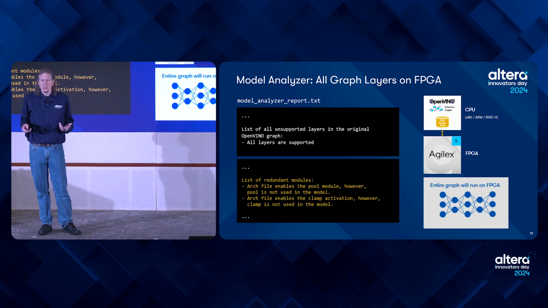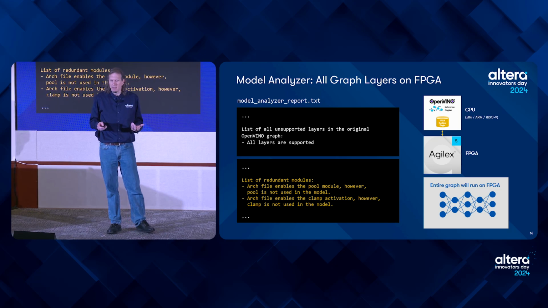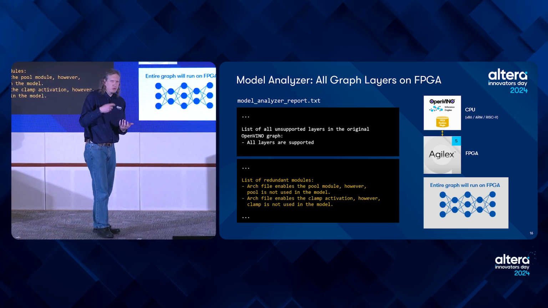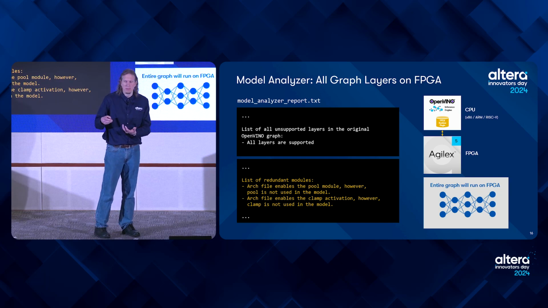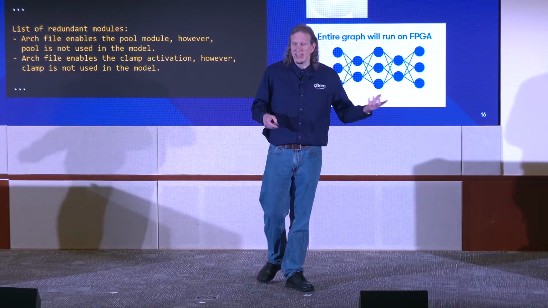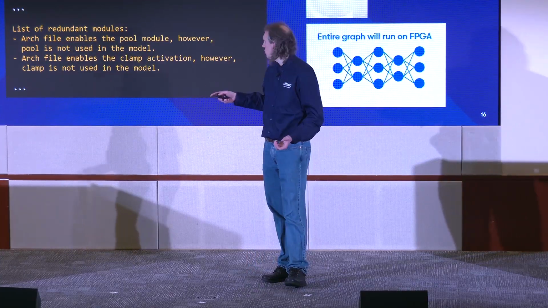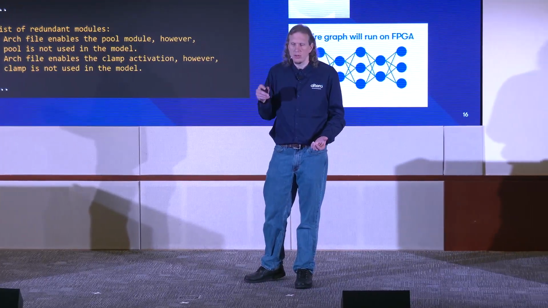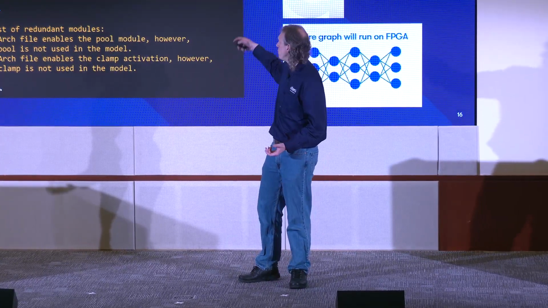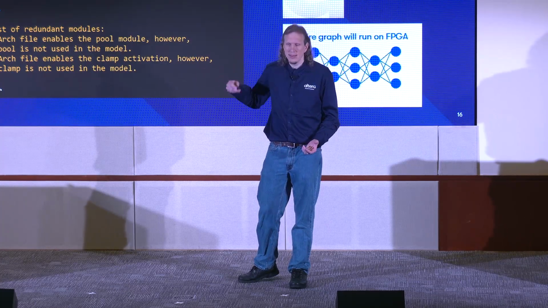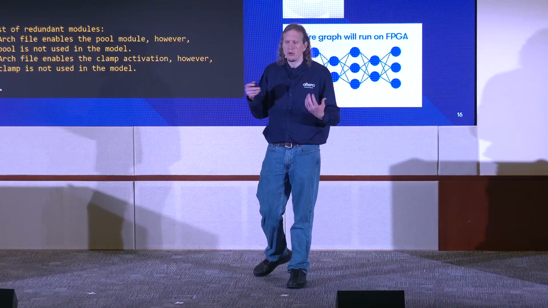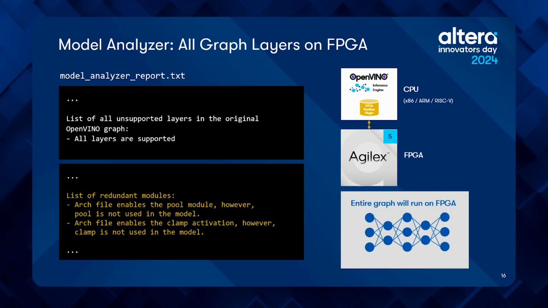We may choose to leave the clamp module in the IP because perhaps we want to be able to execute some future graph that includes a clamp. However, if we know that we will not use that clamp module, or alternately, if we know that we are willing to use Quartus to recompile the IP when necessary, then we can simply disable the clamp module and we will reduce the amount of area required by the IP.